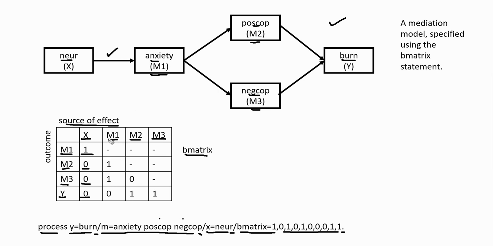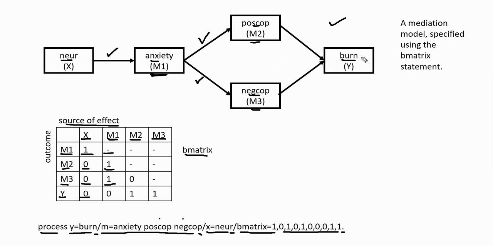Then in the second column, we move to M1, so this variable right here. And you'll notice that we have a dash that's given right here. Basically, we're going to leave that blank. And what we'll do is look at M1 in relation to the variables downstream. So in this case we have M1 predicting M2 right here, so we're going to give a value of 1 to indicate that we are estimating that effect, and then M1 to M3 right here, so we're going to give a value of 1 to indicate we're estimating that effect.